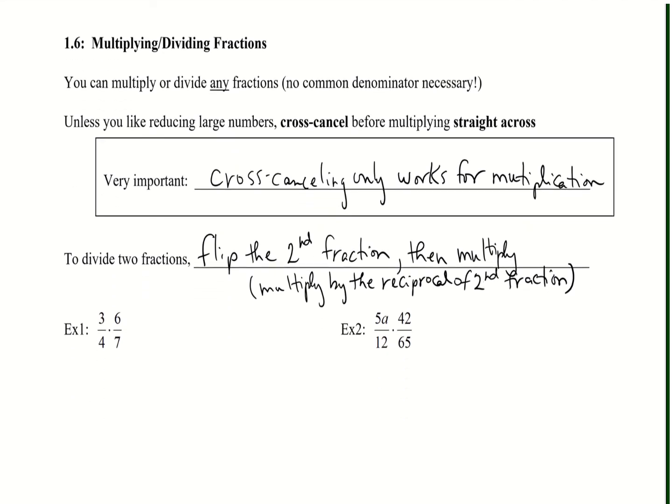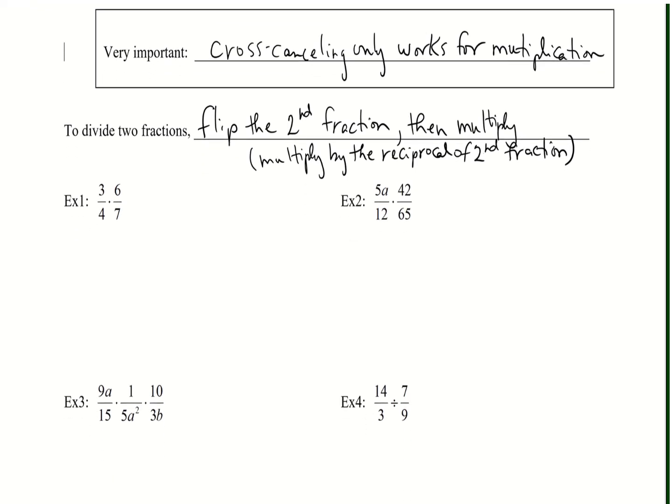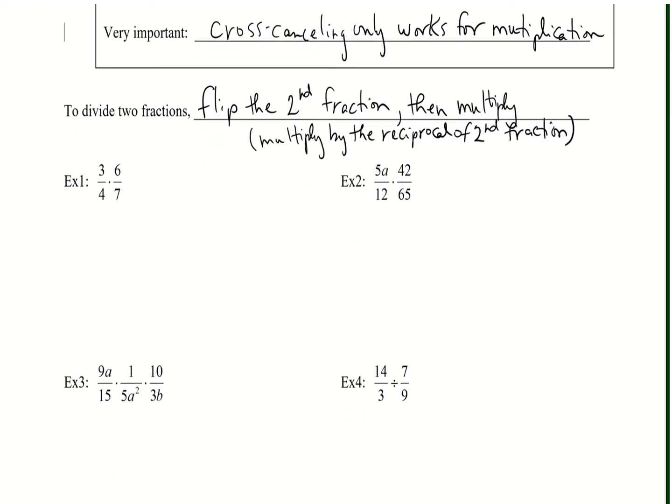So here, example 1 is 3/4 times 6/7. Now we could multiply straight across first, or we can cross-cancel. So let's look at multiplying straight across first.